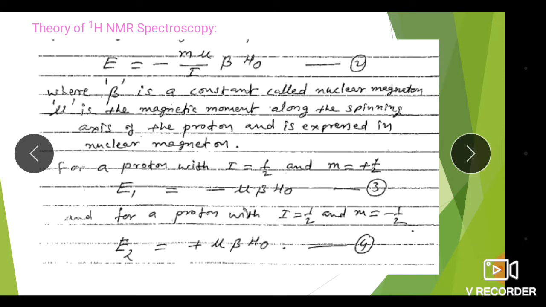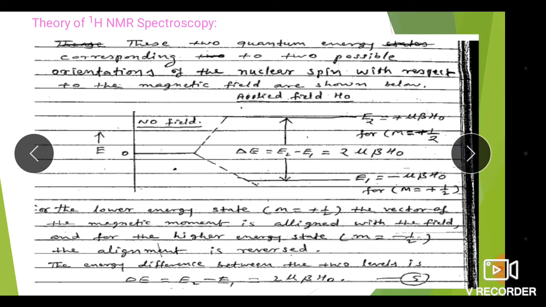That is equation number 3. For a proton with I is equal to half and m is equal to minus half, we get E2 is equal to plus mu beta H0. This is equation number 4.